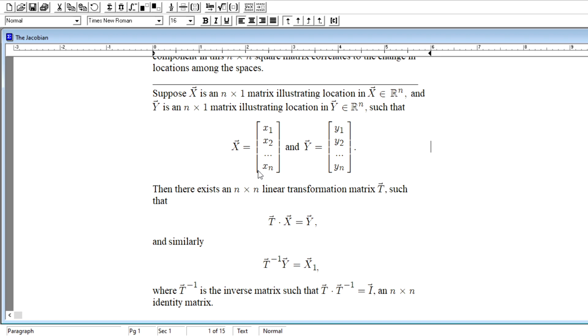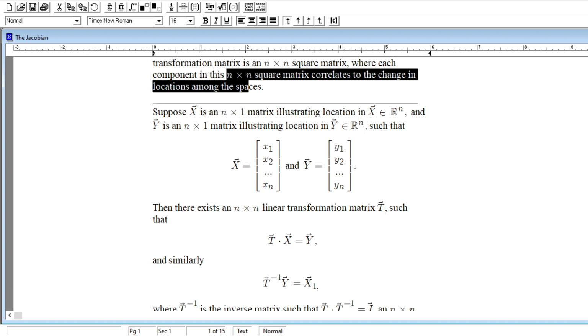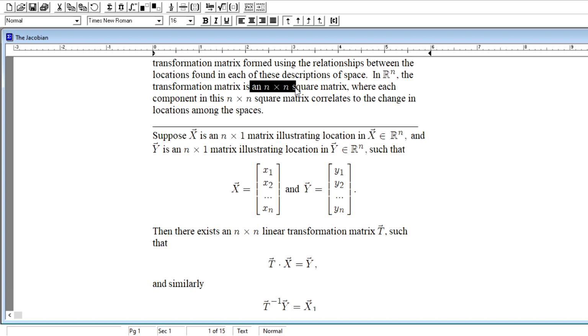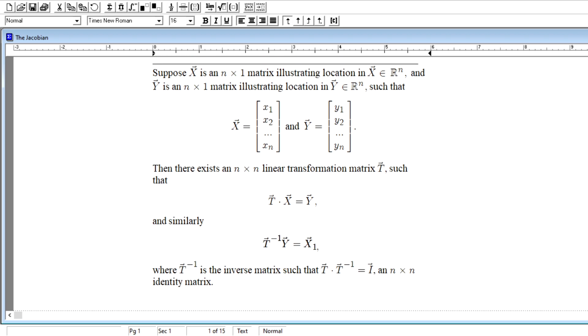Now the way this is going to happen is with what we had set up above, this n by n linear transformation matrix.